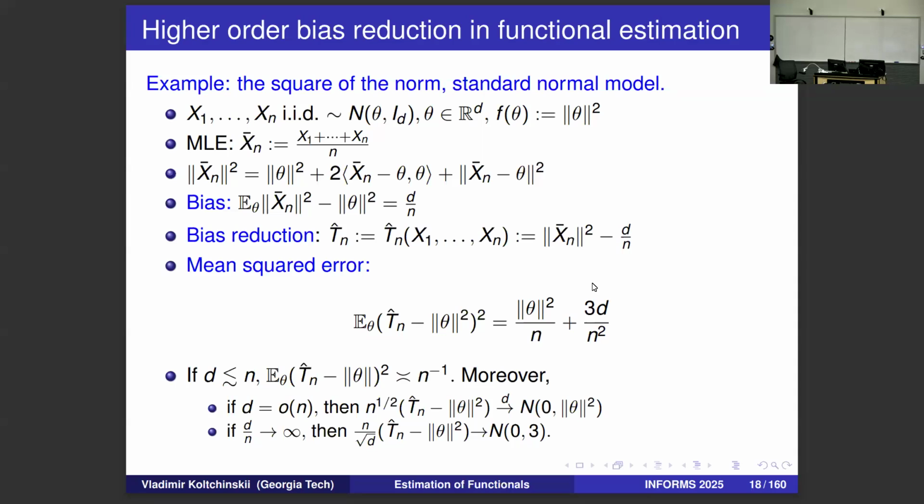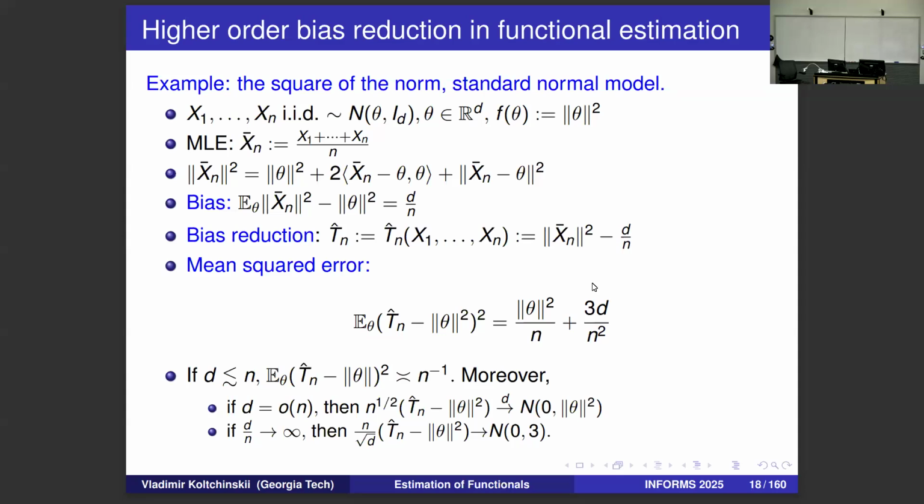And then again, it's a straightforward probability exercise to prove that the mean squared error will be given by this expression. So we'll have this term, which is what basically corresponds to what should happen based on asymptotic efficiency considerations. And there are additional terms that depend on the dimension, but only on the order d divided by n squared.